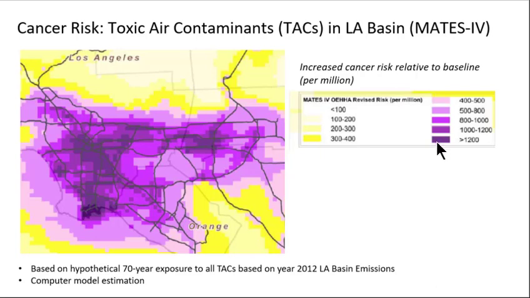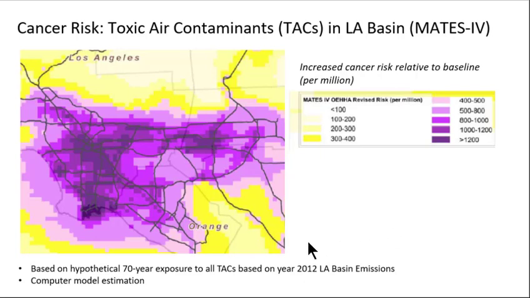Lighter purples are about 500 extra cancers per million above baseline. Yellows are lower values. The underlying concentration field of air toxics used to calculate the risks on this map is based on measurements and modeling carried out by the MATES studies. The risks depicted on this map assume a 70-year or lifetime exposure to the underlying estimated air toxic concentrations.